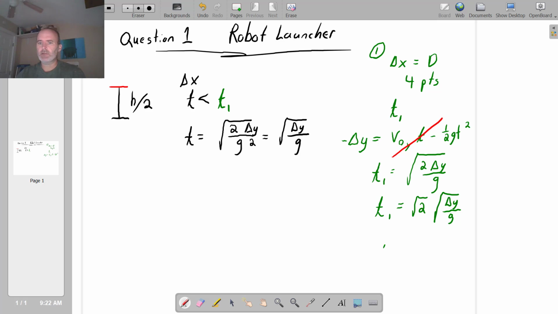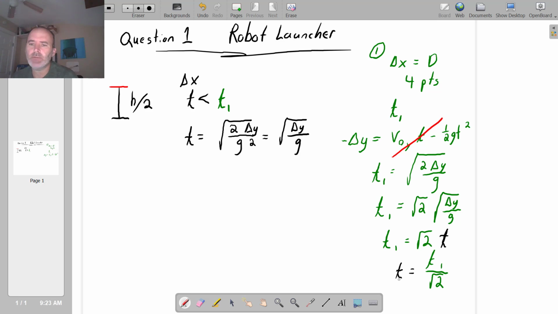So now if you look, my T1 is equal to the square root of 2 times my other T. I can rearrange this, and that is the square root of 2.